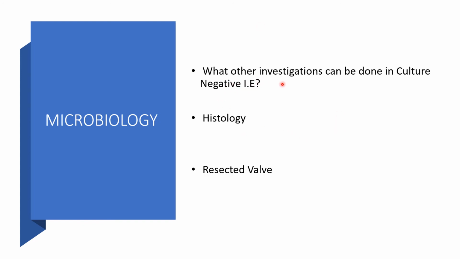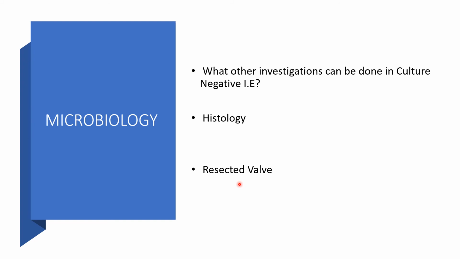Another question is, what other investigations can we embark upon if we are faced with culture negative infective endocarditis? We can have histology done, histology of the vegetation that is seen on echo, or that of intracardiac abscess.